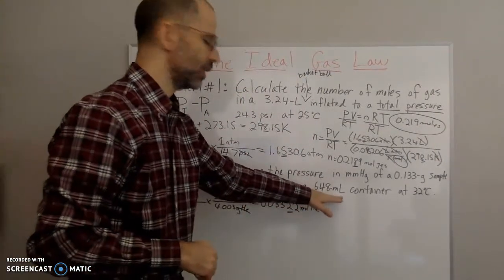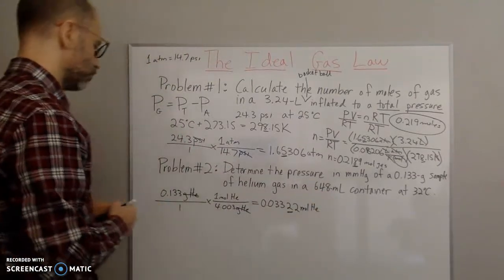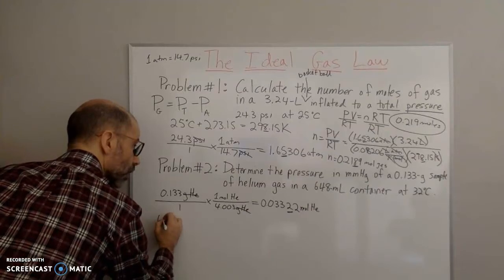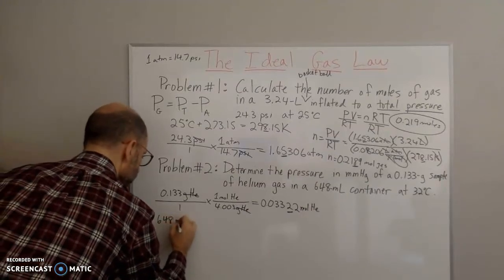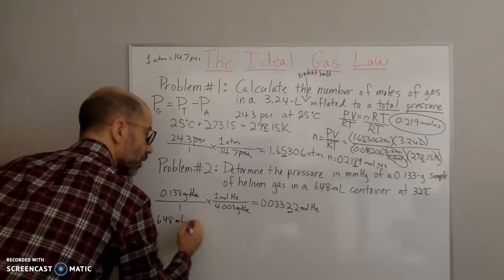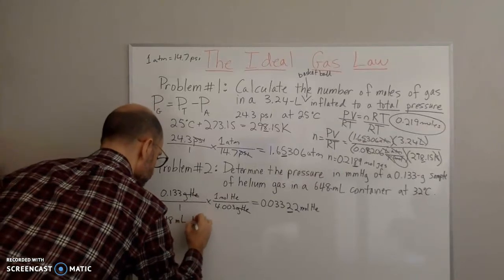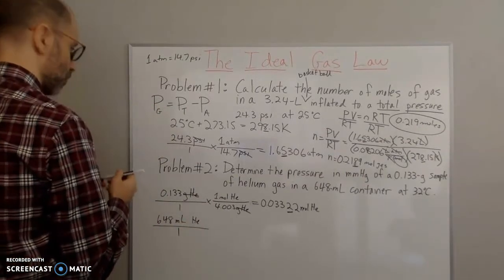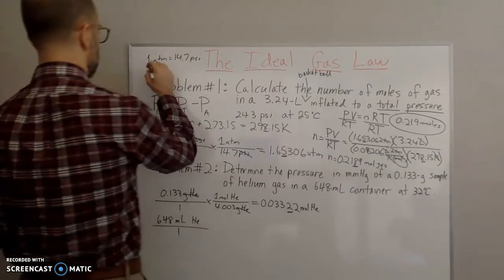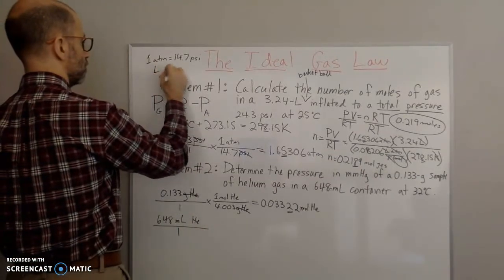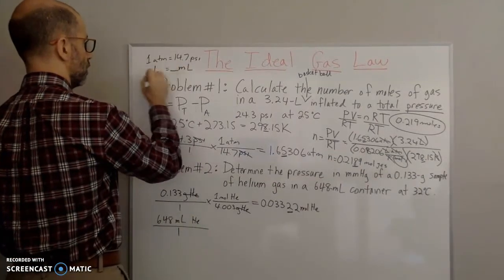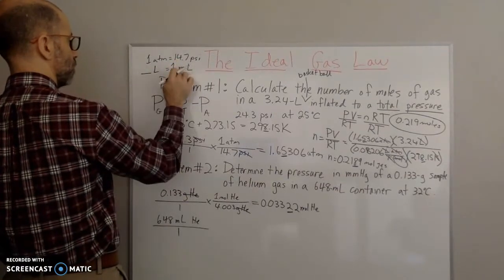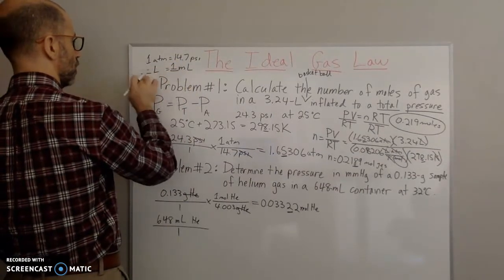They give me milliliters. I need liters, so I'm going to have to convert that to liters. So I have 648 milliliters of the gas. So we'll say helium in the container. I'm going to use the relationship. So I have liters is equal to milliliters. I always put the 1 with the prefix, and then the prefix multiplier goes with the base unit.